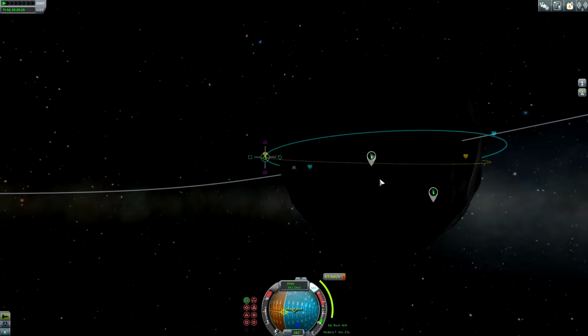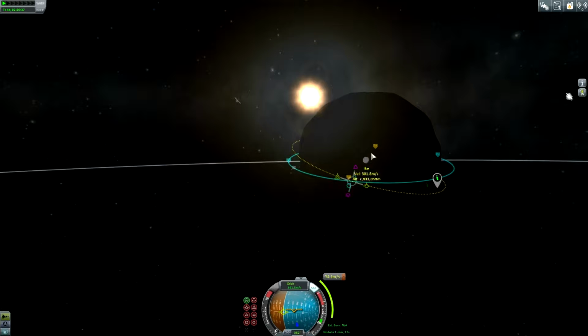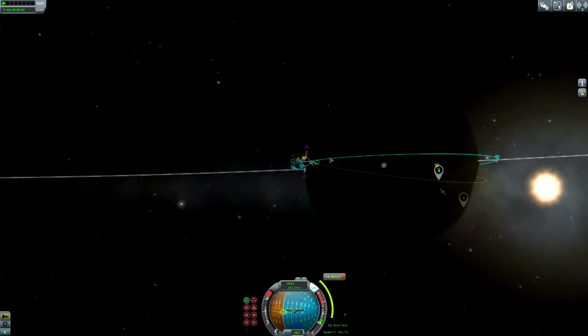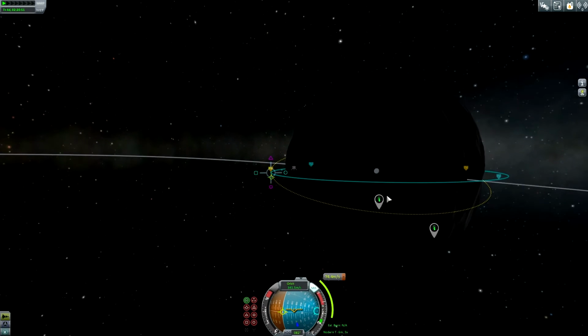Okay, this is good. I think I need to bring this down a bit more, like this. Okay, 13 kilometers. I'd like to reduce it once again to 11 kilometers, the periapsis. Oh, this is a bit too much. 8 kilometers, 9, 11. This is good.